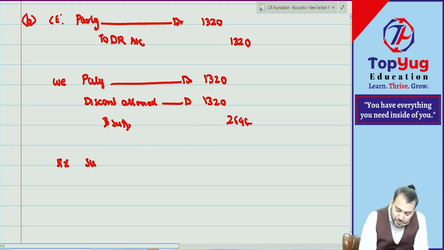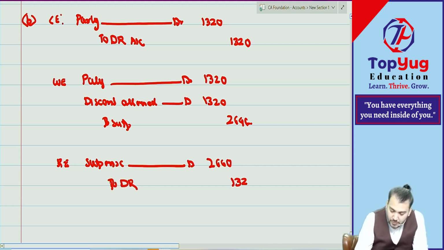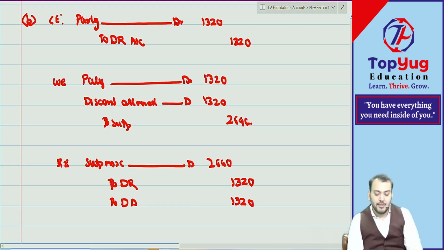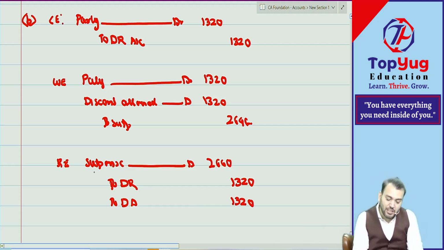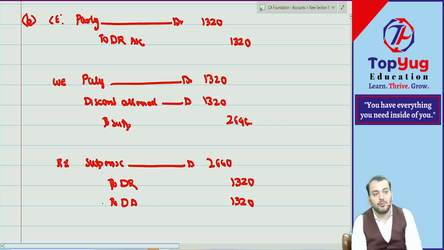Suspense account debit 2640 to what? Discount received 1320, discount allowed 1320. Understood? If it is the third stage, then your rectification will be suspense account debit to P&L adjustment account.